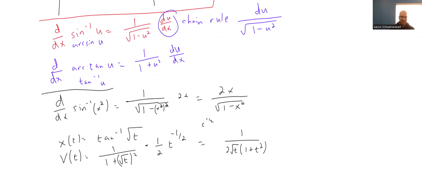Now, what it really asked me for was v of 16. One over 2 times the square root of 16, which is 4. 1 plus, well, that's not a t squared there, that's just a t.